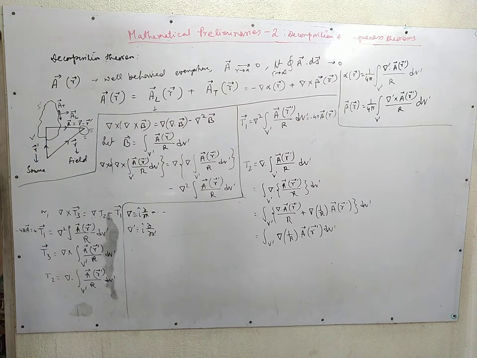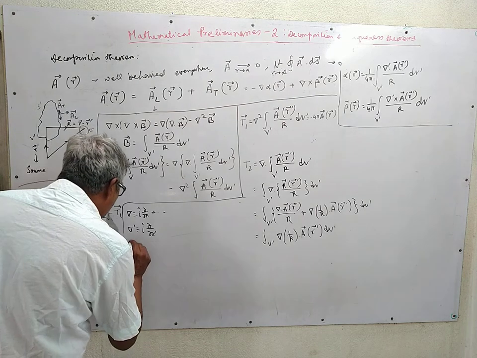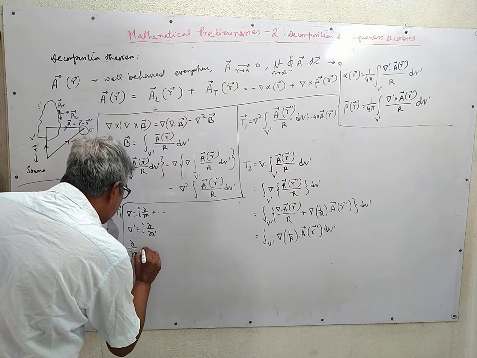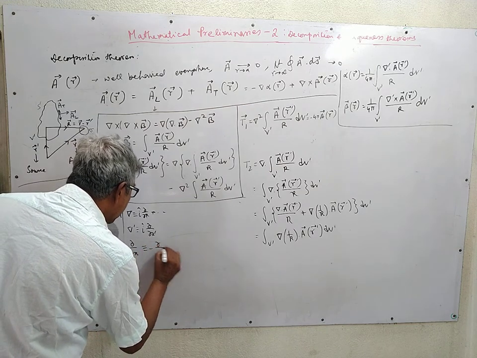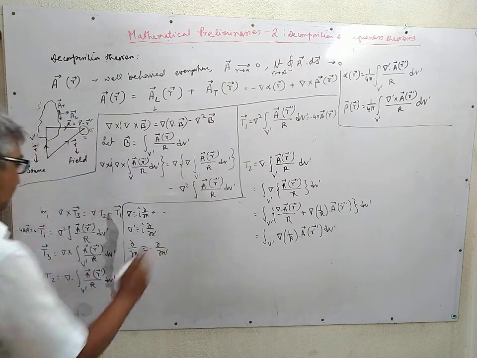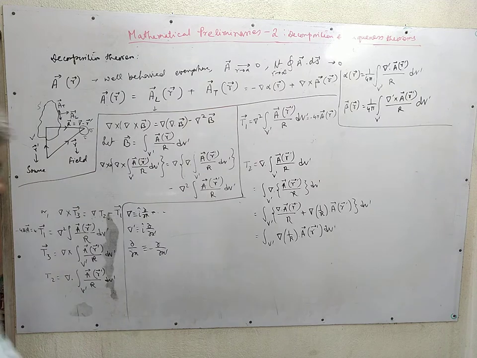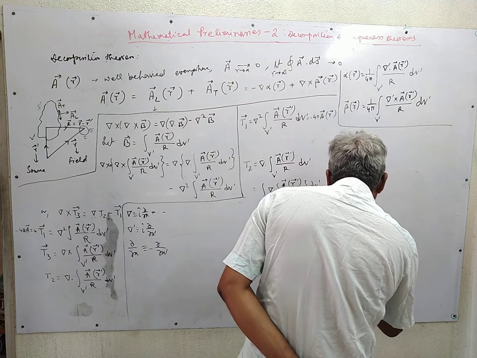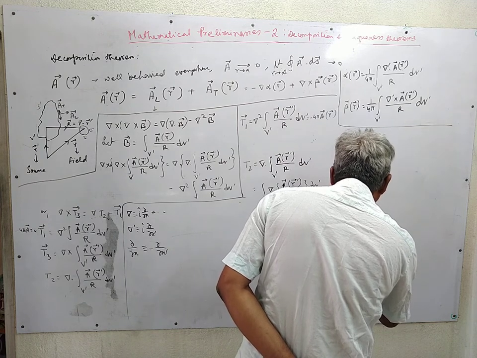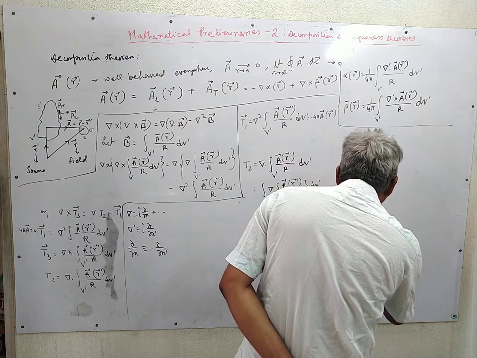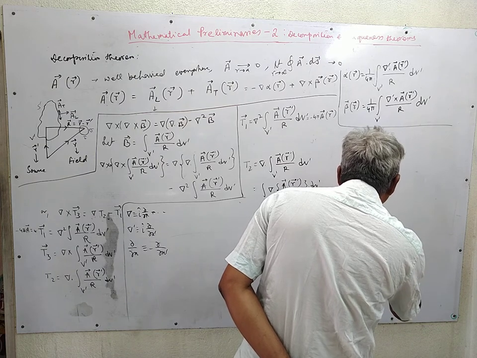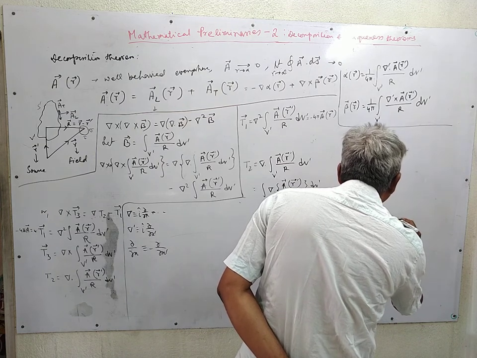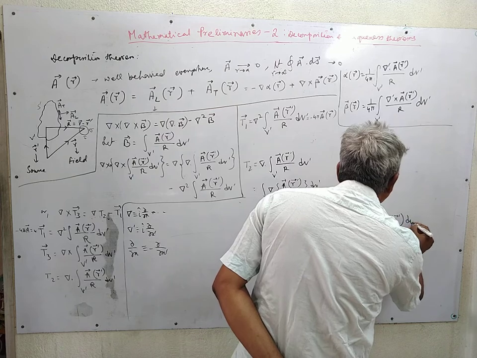And we see that for a given value of r, del x is related to minus del x prime, so that we can write it as a minus integration over v prime nabla prime of 1 by r dot A of r prime dv prime.